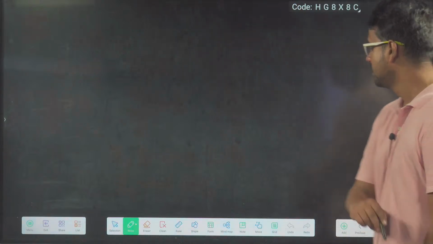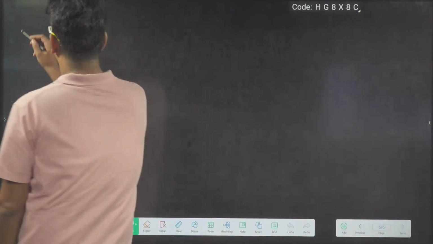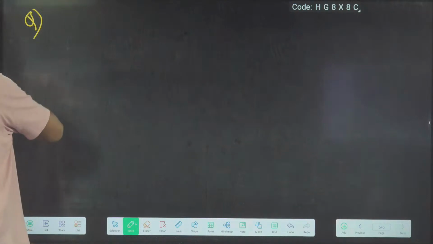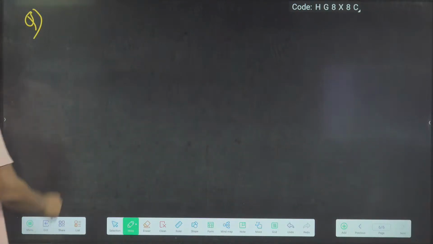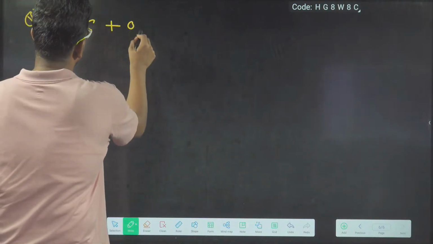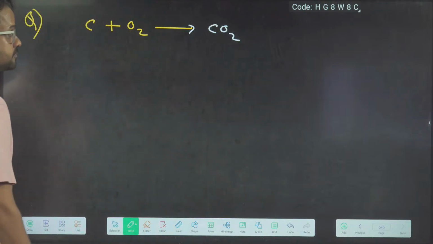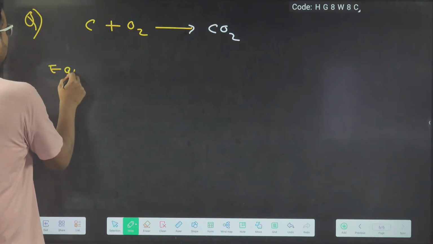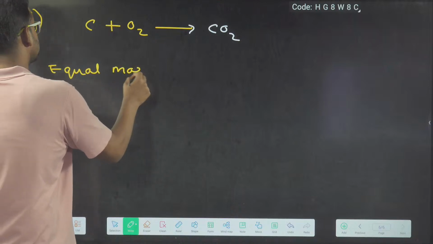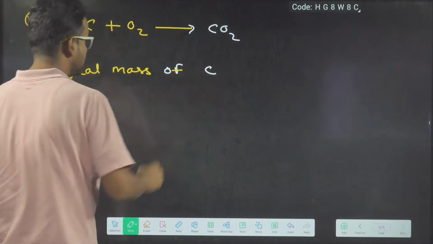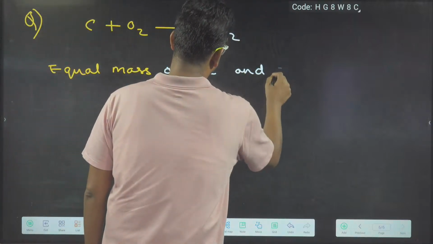Okay. Chalo, next is C plus O2 goes to CO2. Equal mass of C and O2 are taken.